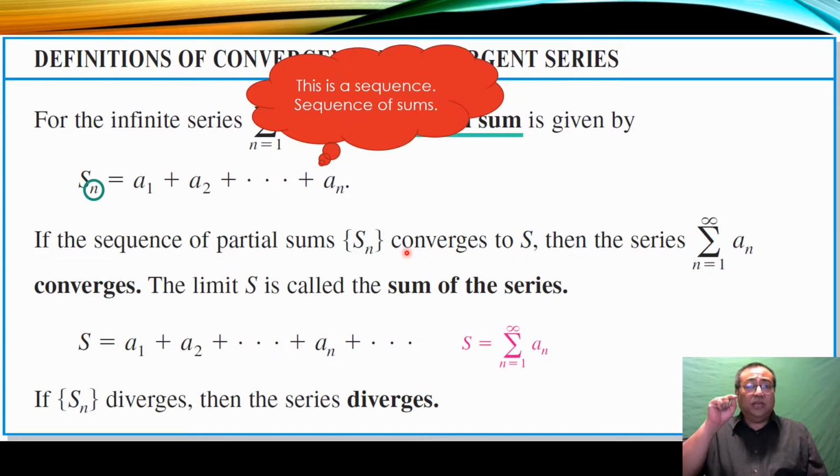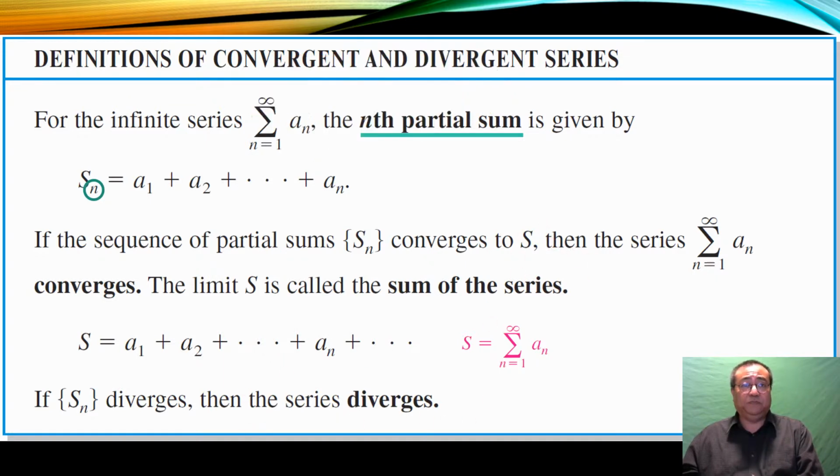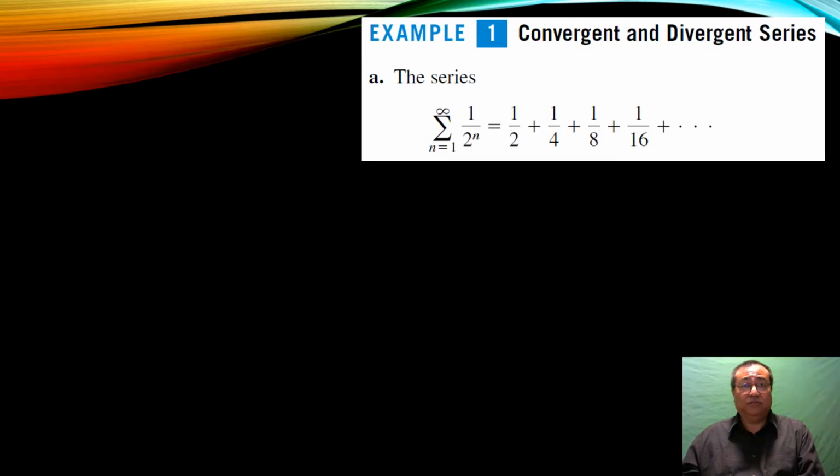So Sn is a sequence of partial sums, and it's going to converge to S, and S is the infinite series. We take Sn, a partial sum, and let n go to infinity, and that could either converge to some value or diverge. I'm sorry, that was probably confusing. Let's look at some examples.